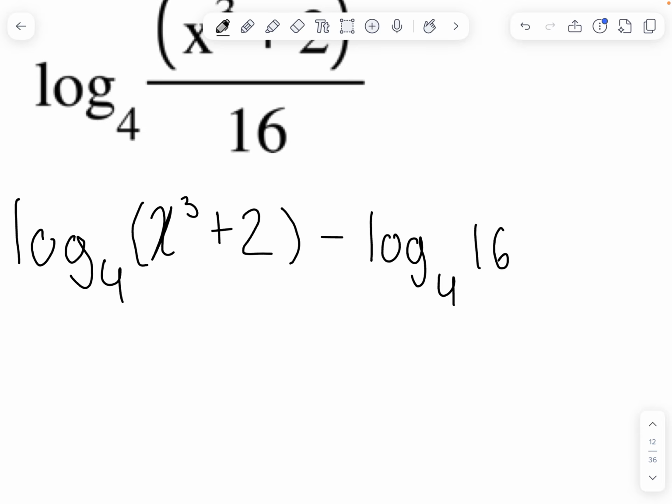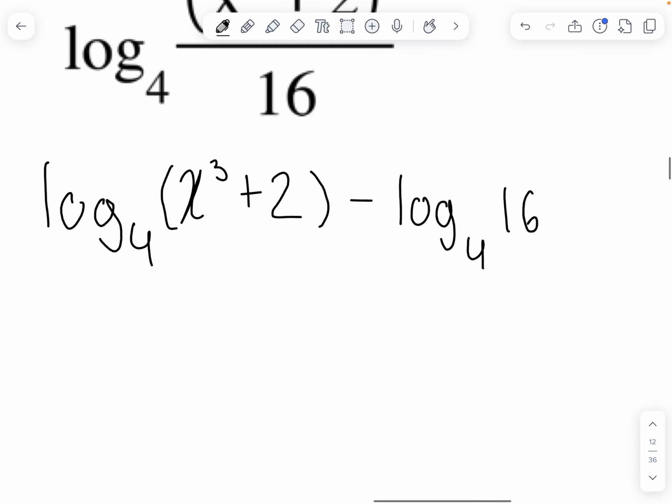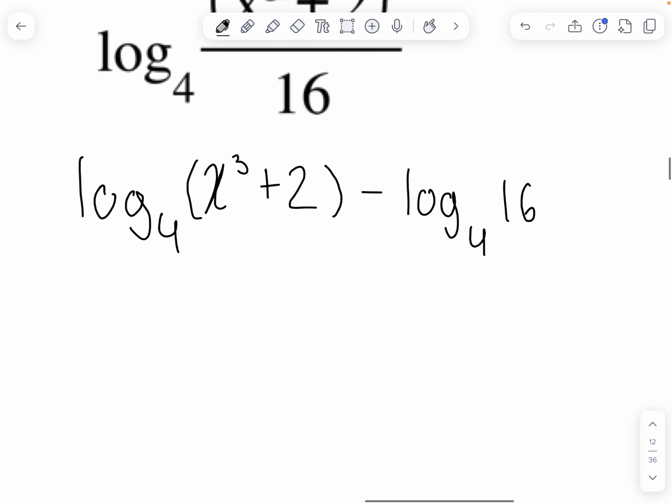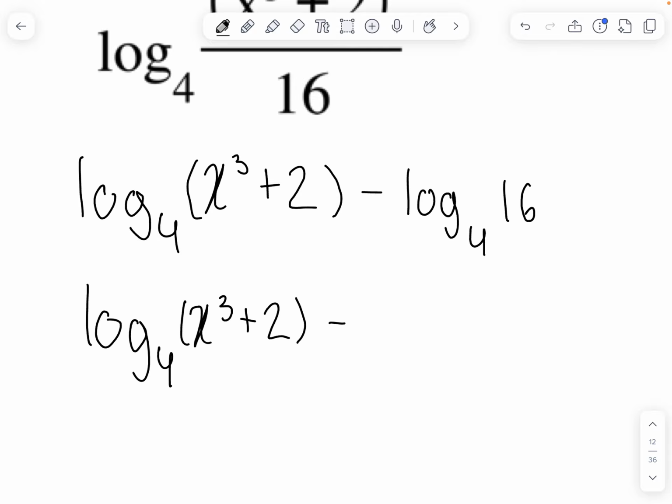And then this becomes log base 4 of x cubed plus 2 minus 2. And that's our simplified.